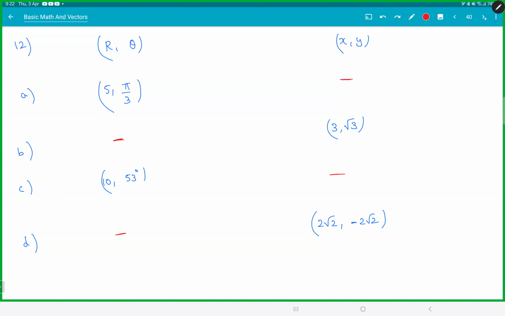Just like y is equal to mx plus c, the equation of a straight line, in polar coordinates you have equations of lines, you have slope, you have a lot of stuff. That's completely a different mathematical topic. We'll not go that deep. You don't need it also. I just want you to have an idea about r and theta.